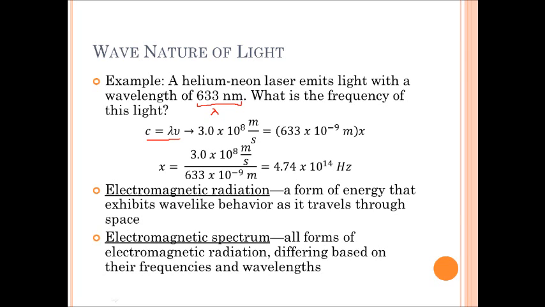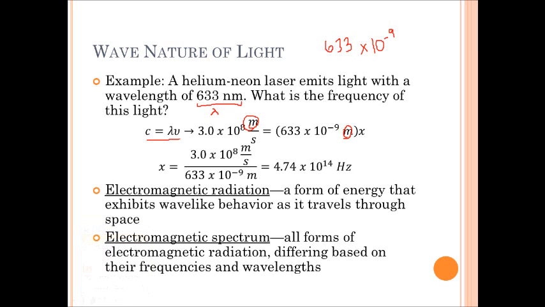Now, the speed of light is in meters, so we have to put our wavelength in meters, and the easiest way to do that is we take 633 and multiply it by 10 to the negative 9th, because 1 nanometer equals 10 to the negative 9th meters.